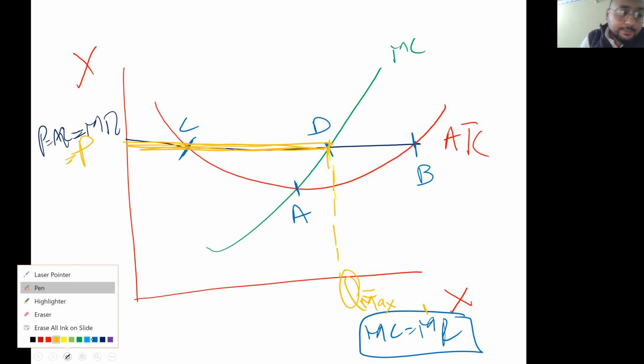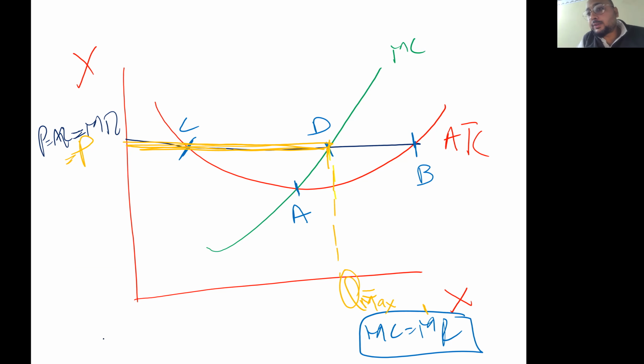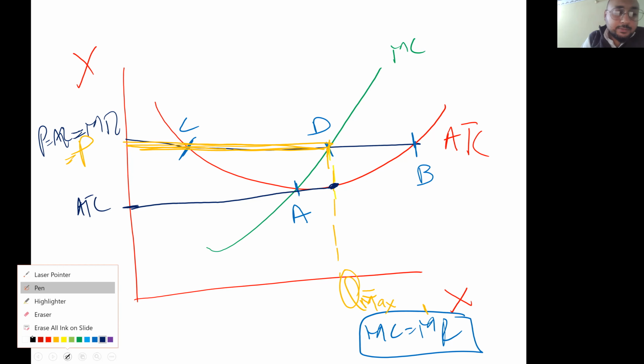What is the cost? Cost is on the cost curve. Which cost curve? Average total cost. So that would be your average total cost. All right. Now, you tell me, what is the formula for profit?